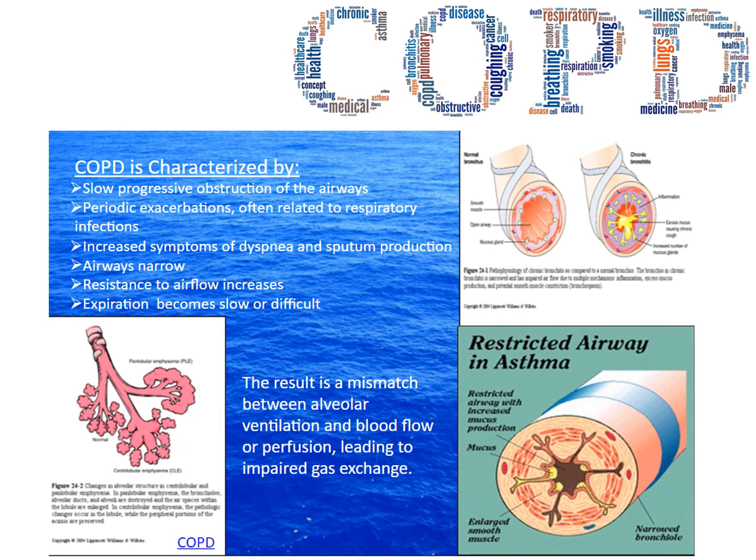COPD, in the classic sense of the disorder, is that chronic progressive loss of ability to move gases either through the bronchial conductive airway systems, or if we include emphysema, the ability to transport gases in and out of the blood plasma.